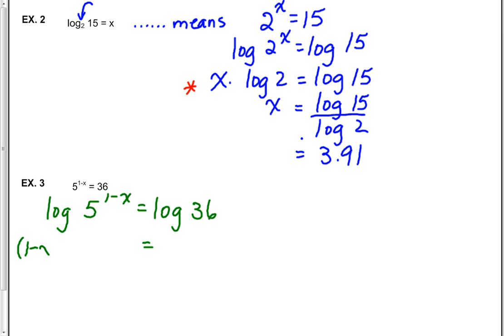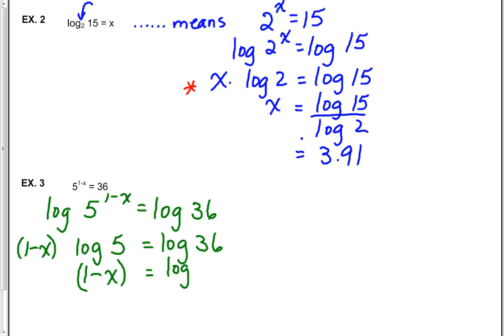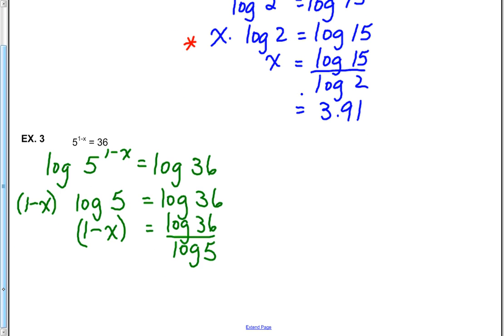Again, the why we'll get into later. 1 minus x times log base 10 of 5 equals log base 10 of 36. So I will get an answer for 1 minus x when I do log 36 divided by log of 5. One minus x is approximately equal to, we need a calculator, 2.22657.